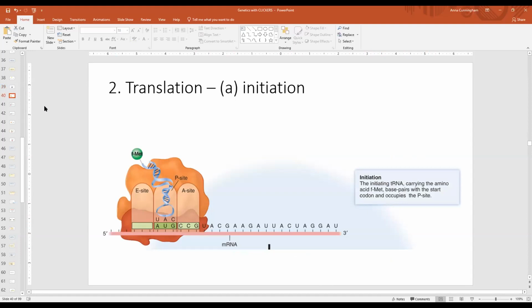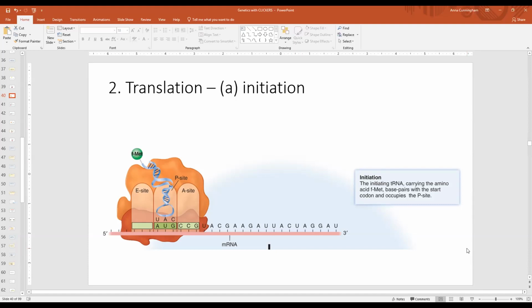Just a reminder that just like transcription, translation has 3 steps: initiation, elongation, and termination. For translation, where the only thing we needed to do for transcription was have RNA polymerase bind, there's a little bit more involved, but that's just because there are a lot more components.